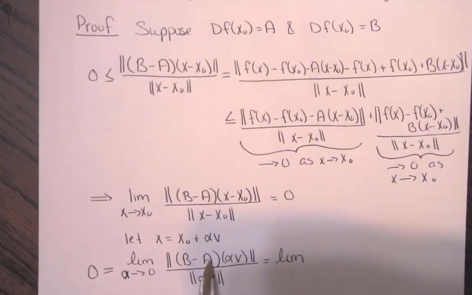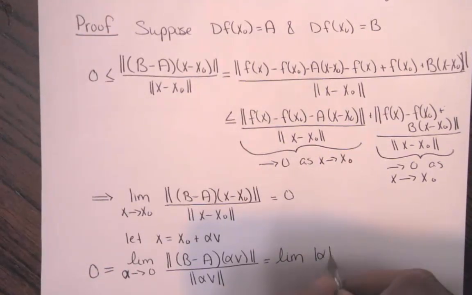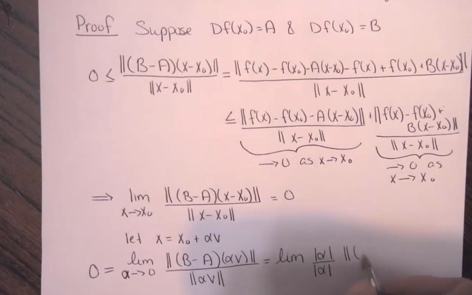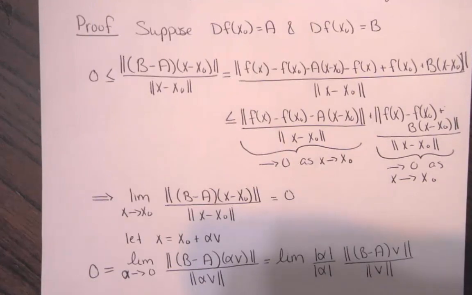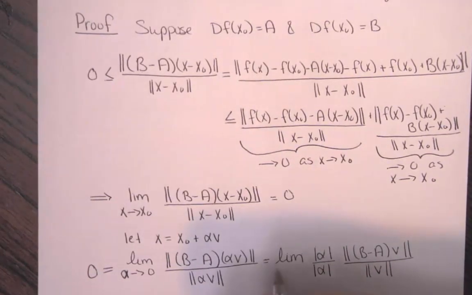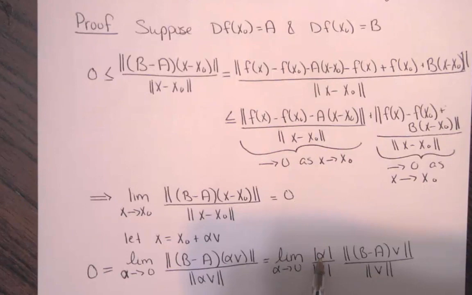Now remember, B and A are both linear operators, so this alpha can be factored out. And because I have a norm, I can factor out under an absolute value. Same thing over here. Well, now the only alpha present is here, and the absolute value of alpha divided by the absolute value of alpha is 1.